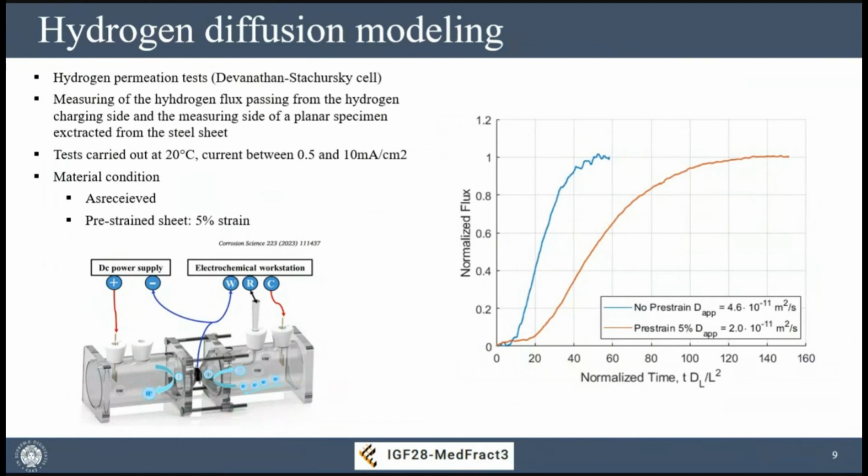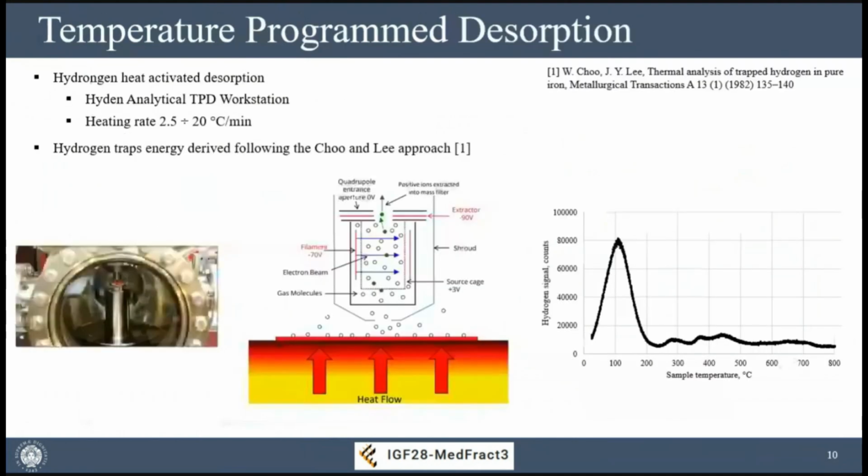So the evaluation of the effect of hydrogen has to be carried out both on the as-received material, but also on strained material, because this material is for cold stamping, and the strain that is applied to the component is fundamental for understanding the effect of hydrogen on our component.